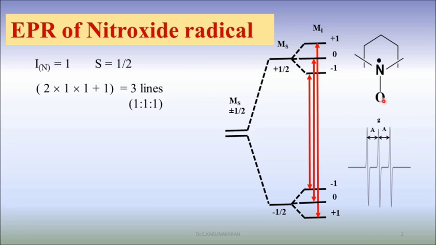We have seen earlier, I equal to 1 and S equal to 1/2. Therefore, there are three lines of equal intensity. This splits into a triplet, mI equal to minus 1, 0, 1. The hyperfine coupling constant is calculated as follows.